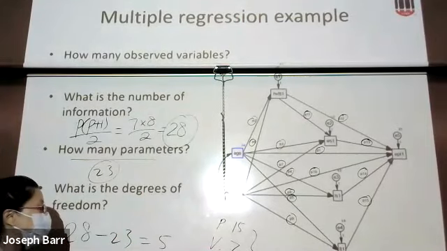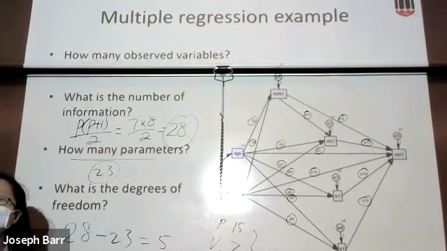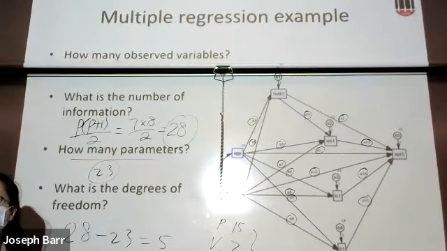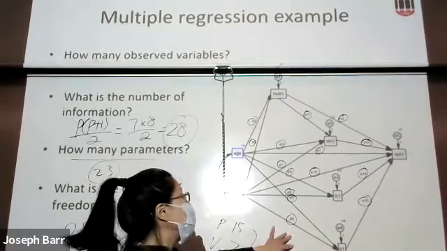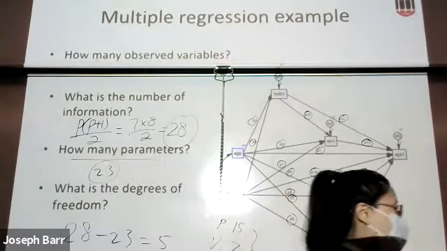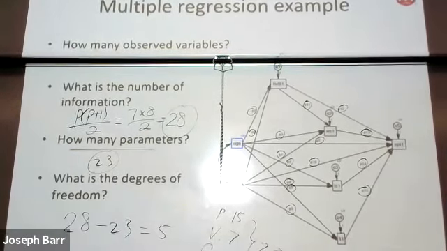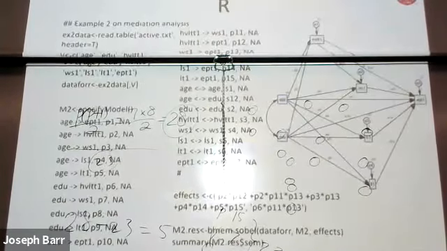I still have 5 degrees of freedom. I can estimate 5 more parameters, but based on this model, it's not necessary. So I just want to get the estimation of 23 parameters. That's the exercise.